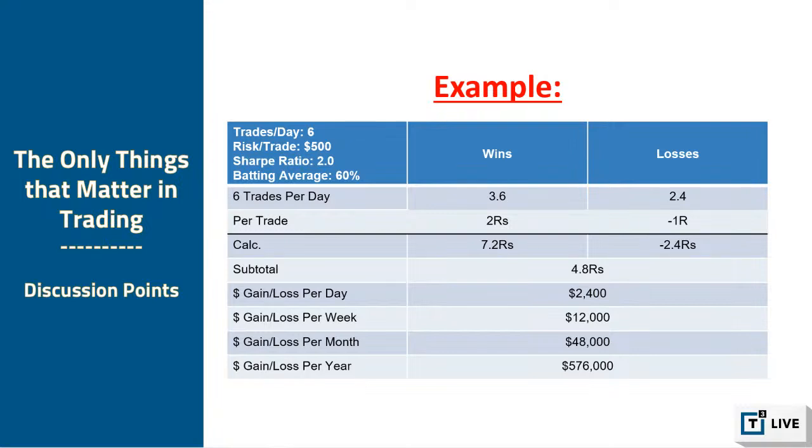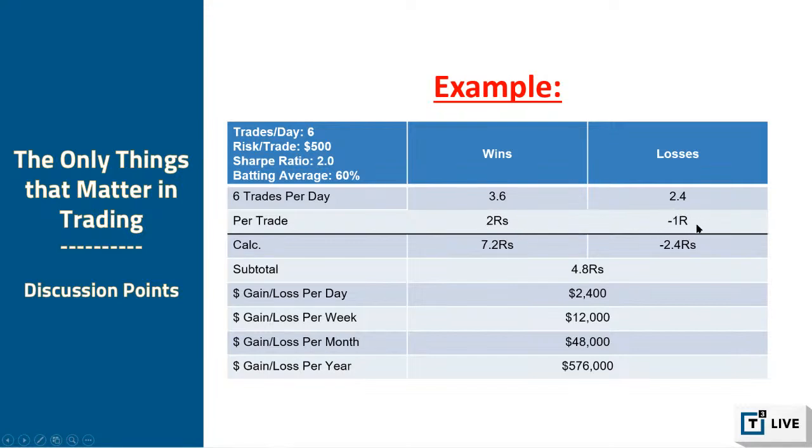Here's what the table would look like. 6 trades per day, batting average 60%, so that's 60% times 6, that's 3.6. So on average, they win 3.6 times, and they lose 2.4. Since the Sharpe ratio is 2.0, that means they make twice as much as they lose.